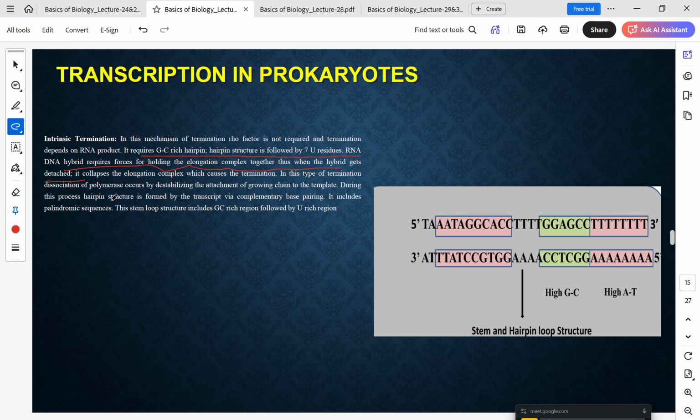Because of the hairpin structure, this whole machinery falls apart. This is usually because of complementary base pairing, because of specific residues that are present within the DNA and RNA hybrid. This does not require any energy as such. This happens as an intrinsic process.